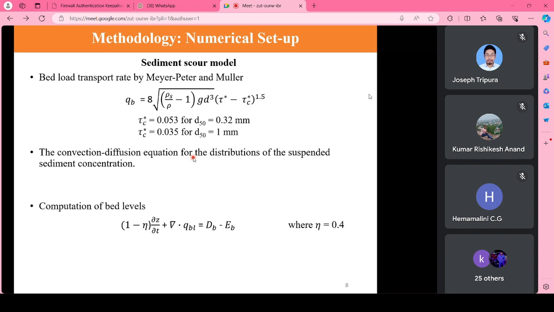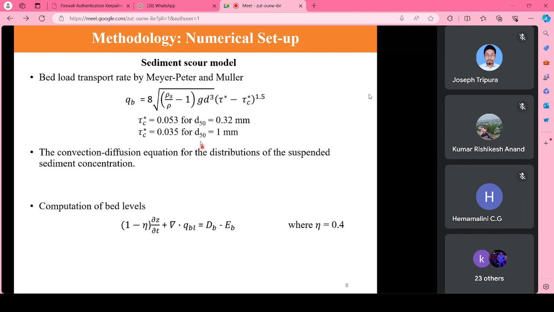For example, the flow is occurring over the bed, so the flow will exert some shear stress on the bed because of the gradient of the velocity. When the bed shear stress exceeds a certain limit, the bed particles will start moving in the channel.